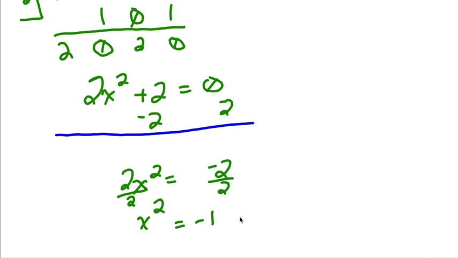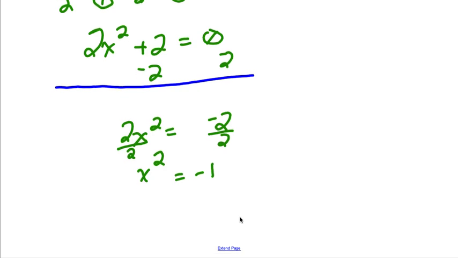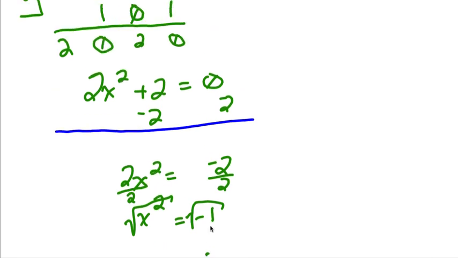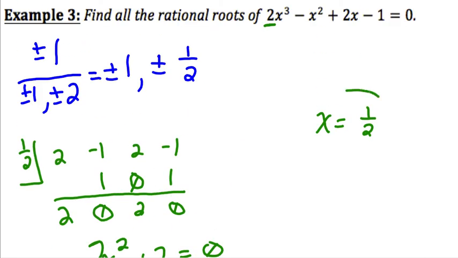So x squared equals -1. Although it's not irrational, it is an imaginary solution. Okay, when we do our square root here, we're going to end up with x is equal to plus or minus i. So those are imaginary solutions, which will not come out in the rational root theorem because they're not real. Okay, those are imaginary solutions. So our only answer here is x equals 1/2.